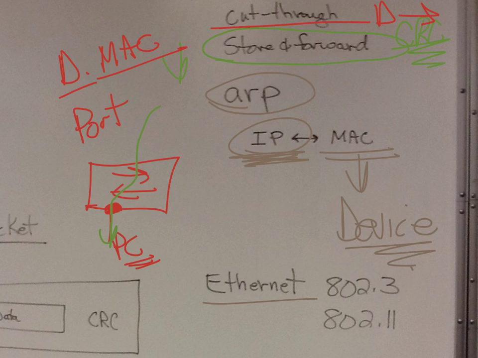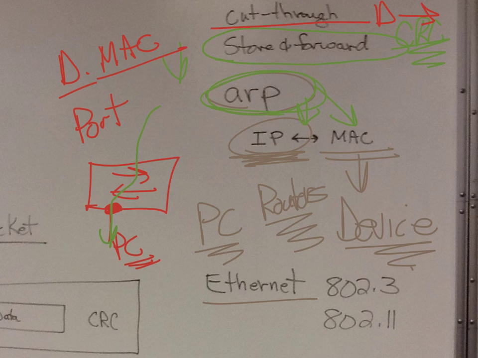Let me use another color for that. Address resolution protocol. We do an ARP, and the ARP matches up IP addresses with MAC addresses. It does it in our PCs, it does it in routers. Two places for right now that we need to keep track of that. So, we'll show an example of that, but I could show it right here.